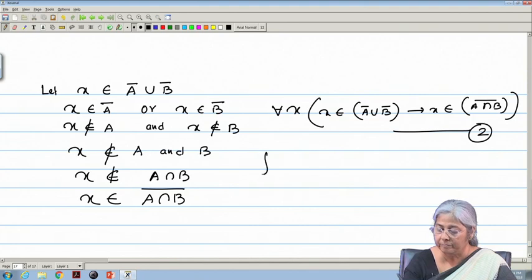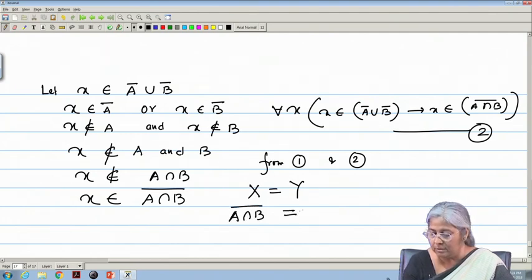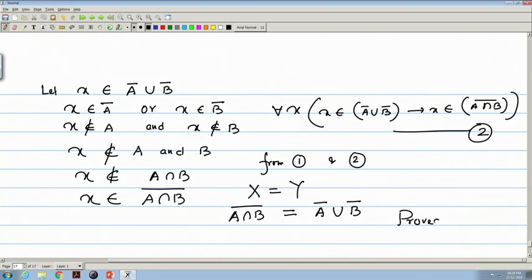Again from 1 and 2 we can infer that X equal to Y. That means X is the complement of A union B, and that is A bar intersection B bar, and this is one part of DeMorgan's law proved.